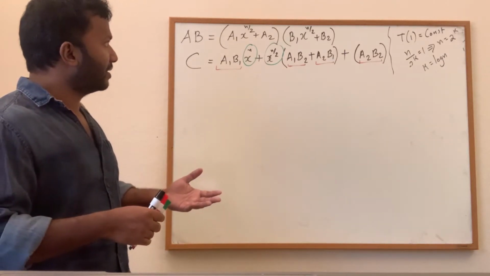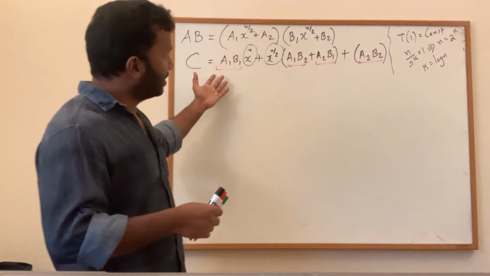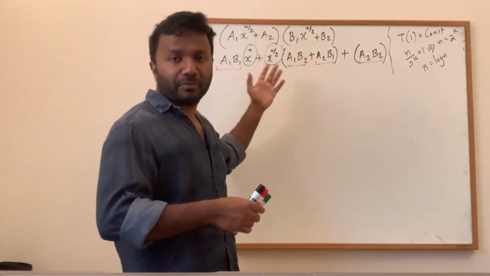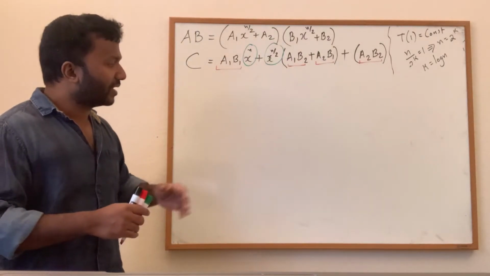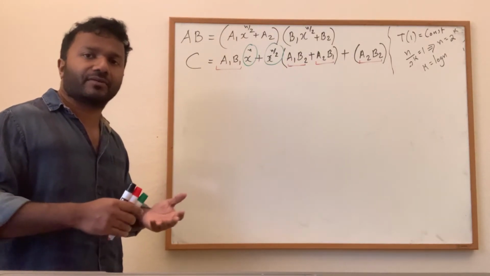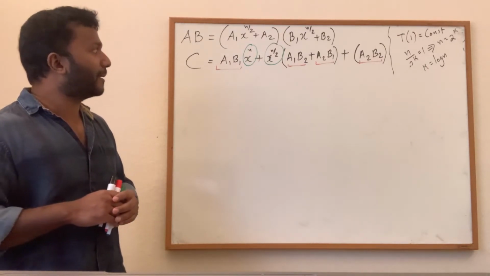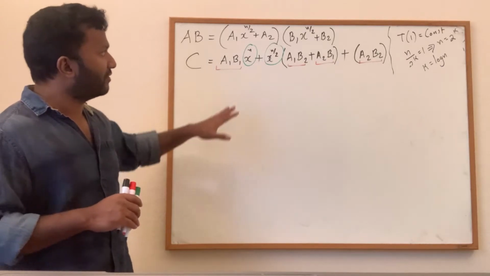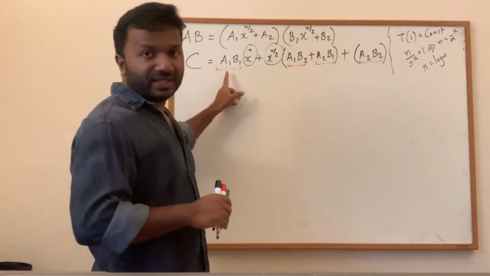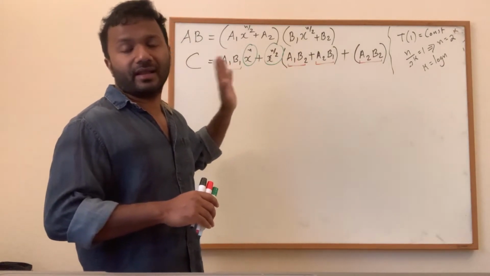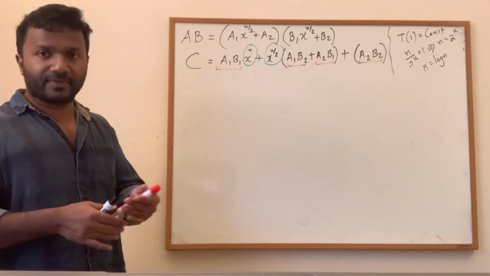But on the other hand, if we can somehow reduce the number of multiplications, the number of subproblems, from 4 to 3, then we will suddenly get a different recursion, and hopefully that is going to be better. So now the question is, can we somehow compute these things in less than 4 multiplications?